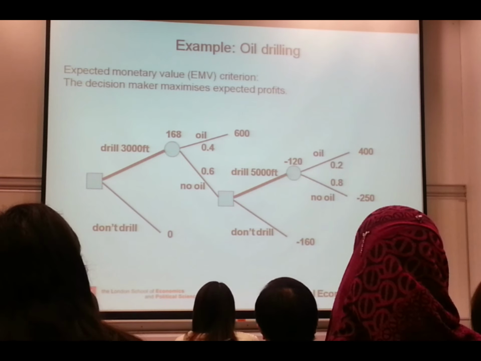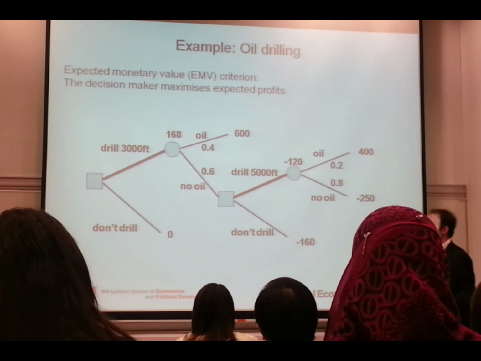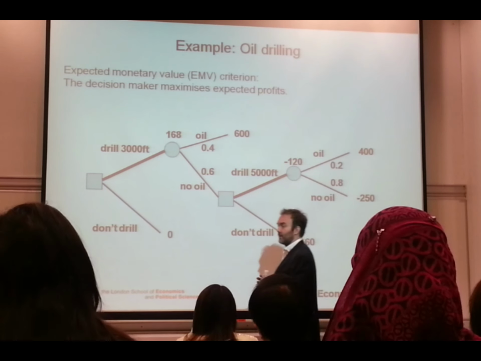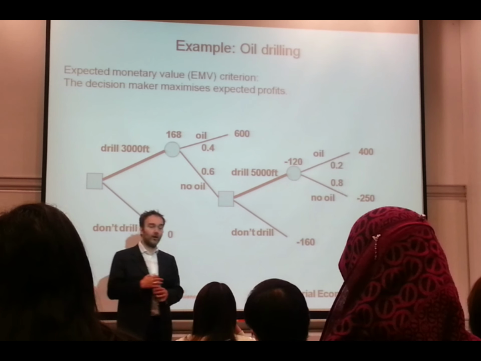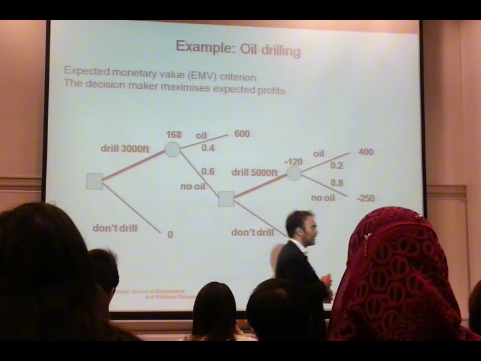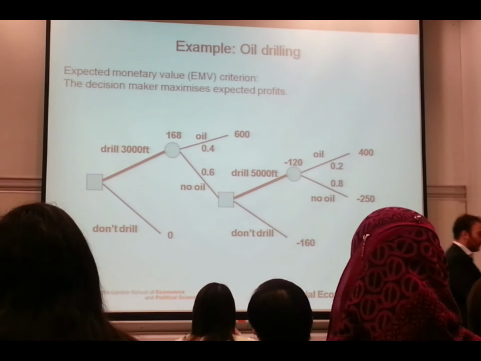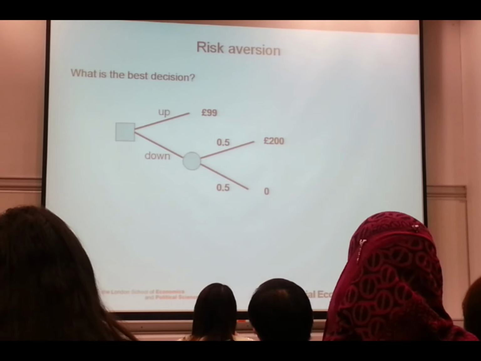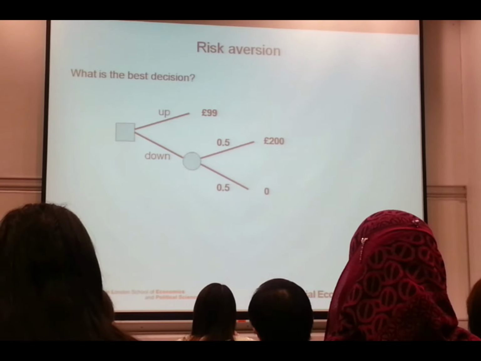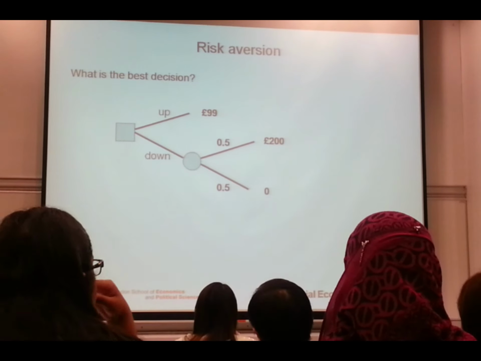this looking at expected profits is often good when you look at decision making by firms because their business is to maximize profits. Now, when we're looking at individual decision making, it's often not so easy. And here, for example, we have a very simple situation.